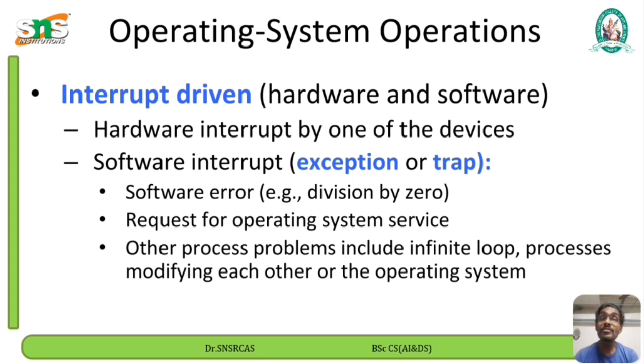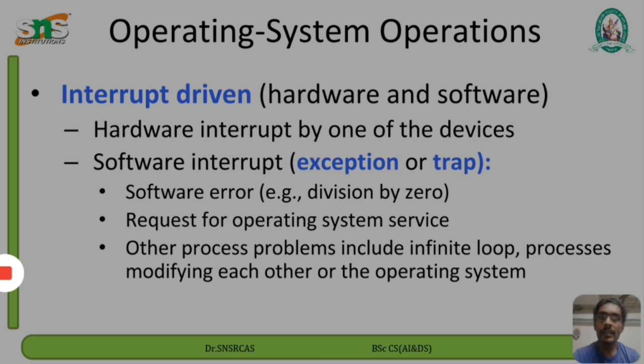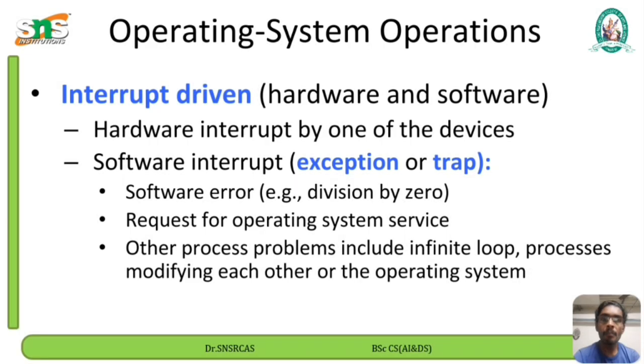Whereas a software interrupt is an exception or trap, which is like a software error. It may be that while you are executing an application, some type of error occurs, which is called a software error.